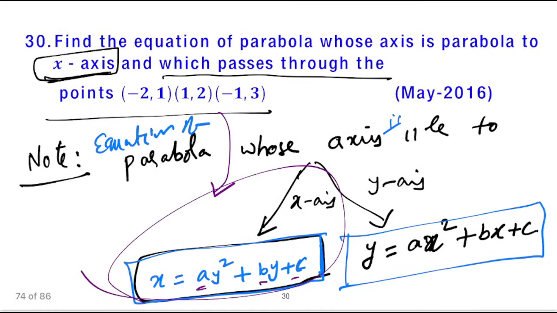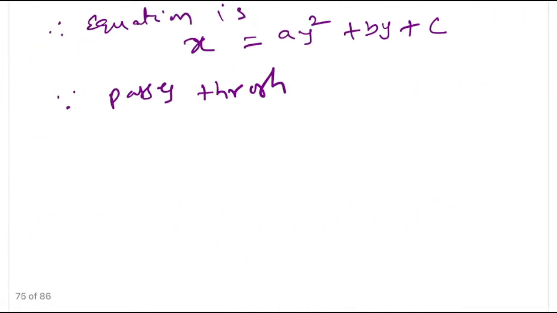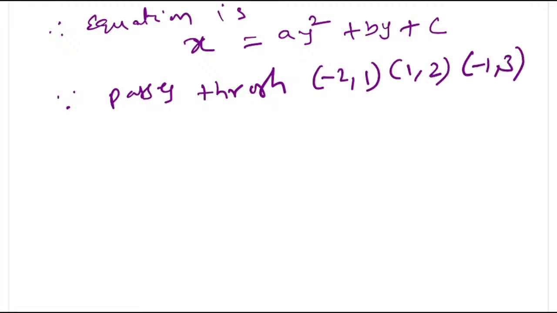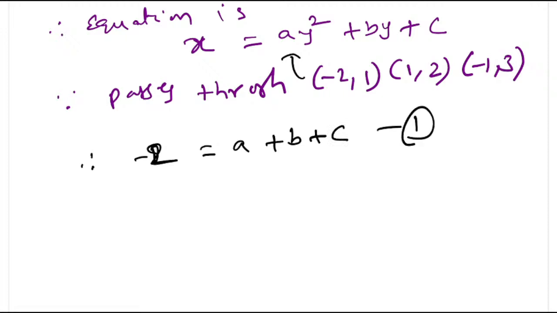Take down those numbers: -2, 1, 1, 2, -1, 3. It passes through these points. So what will happen if they are passing through these points? Can you put it? Put that and then you will get it. First point you put it here. So 1, -2 gives: -2 is a plus b plus c, equation 1.